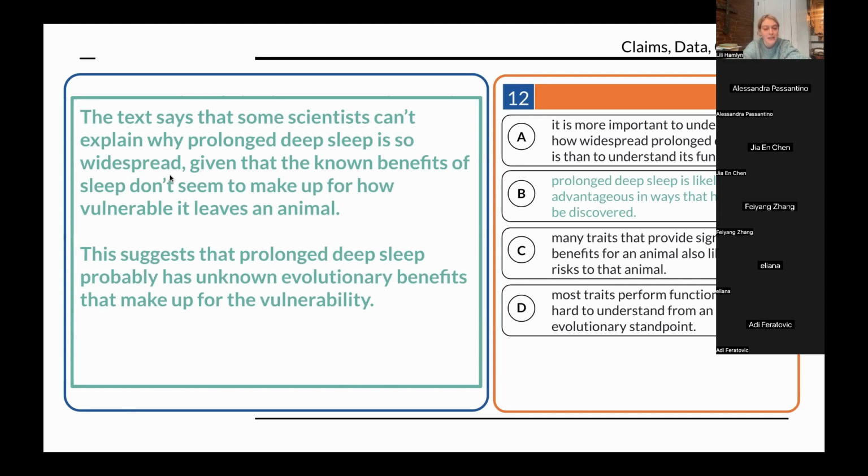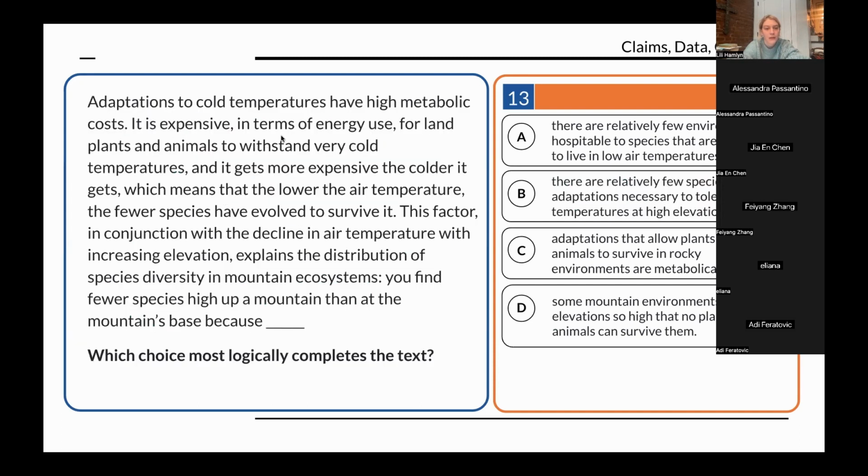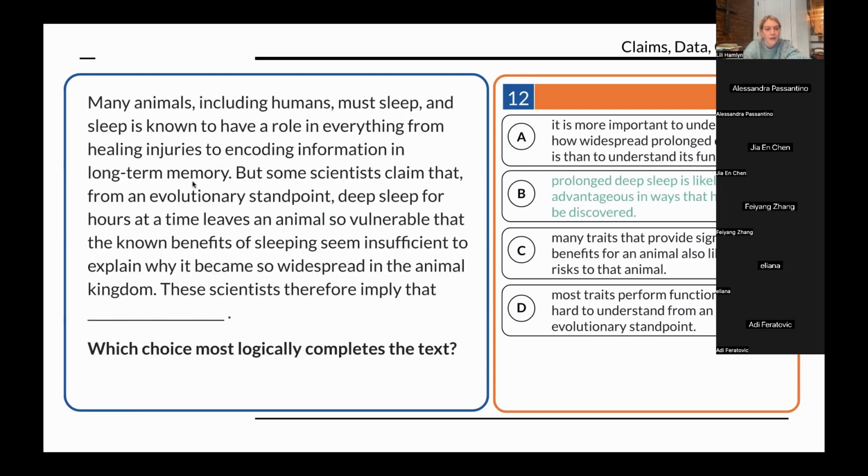Does that make sense? So you can see if I go back, it says from an evolutionary standpoint, that sleep leaves an animal vulnerable and the benefits seem insufficient.